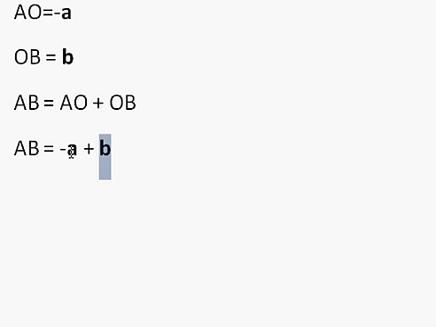So AB equals negative a plus b, and a simpler way of writing this is to rearrange it a little, and instead of negative a plus b, you would simply say b minus a, the vector b minus the vector a, and that's your final answer. AB equals b minus a.